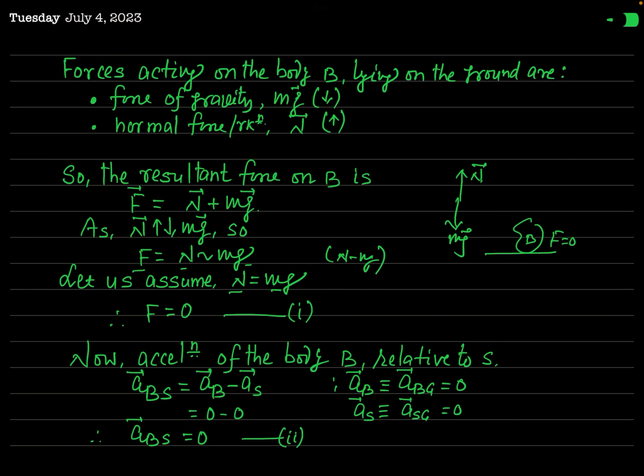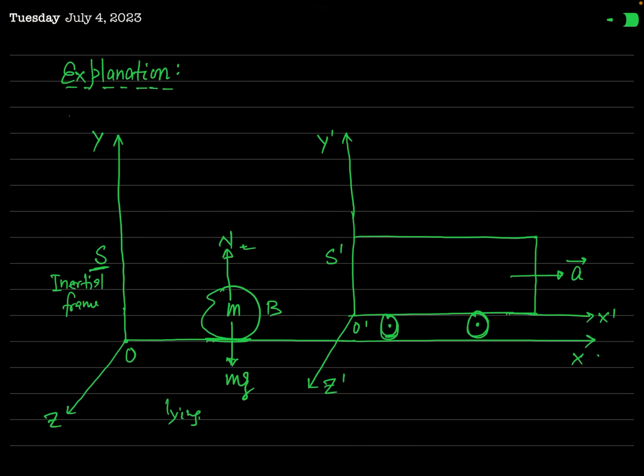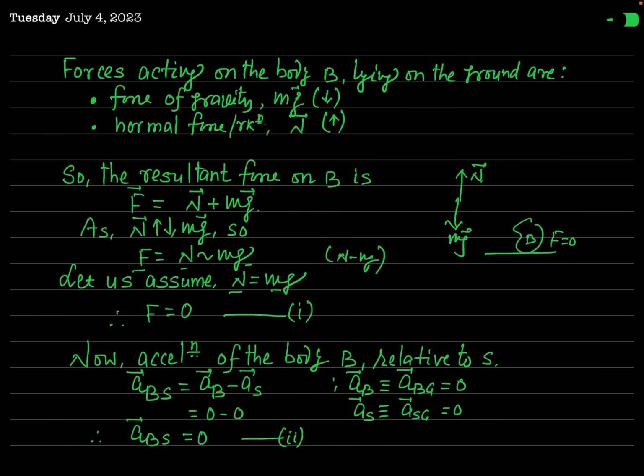Now, we will calculate the acceleration of this body B with respect to this frame S, which I have considered associated with a tree standing on the surface of the ground. So let us try to find its acceleration with respect to that frame. If you write the acceleration of the body B with respect to S by the symbol ABS, then this ABS will be AB minus AS.